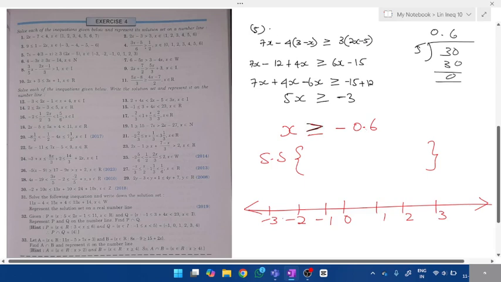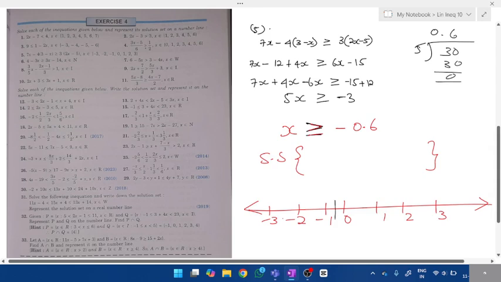Which side is the arrow facing? Towards 0. Which side is it going? Left hand side or right hand side? Right hand side. So 0.6 and right hand side. Minus 0.6 lies between which two numbers? It lies between 0 and minus 1.